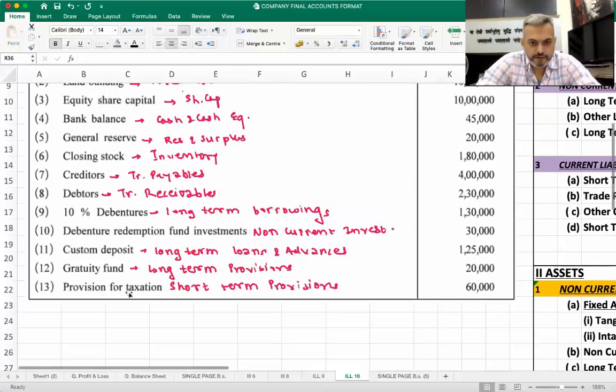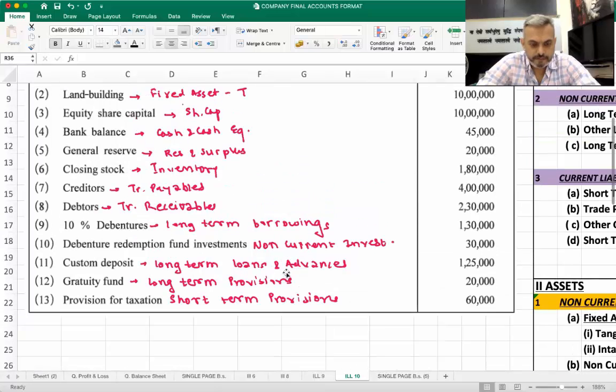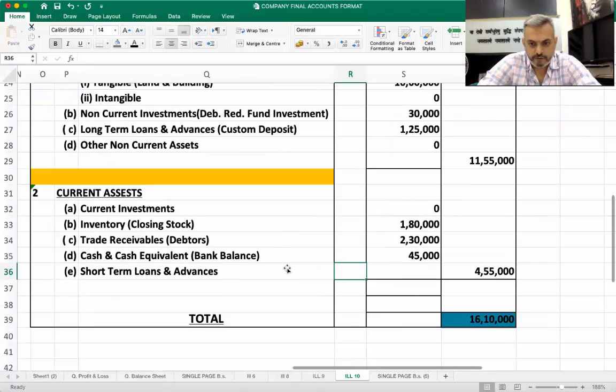Now let's check, do we have short-term loans and advances? No, so 0.